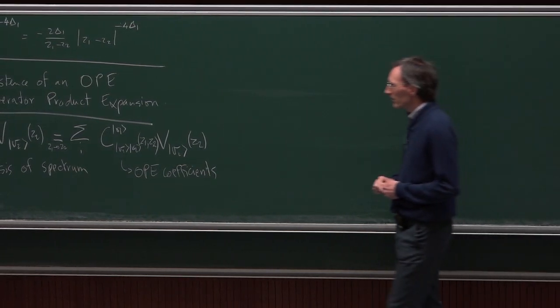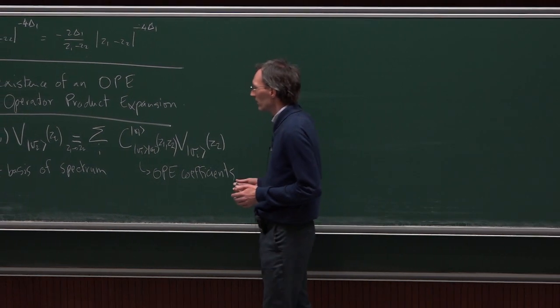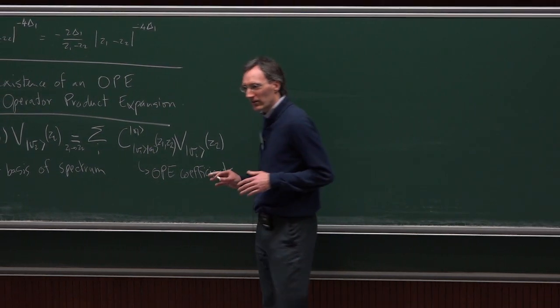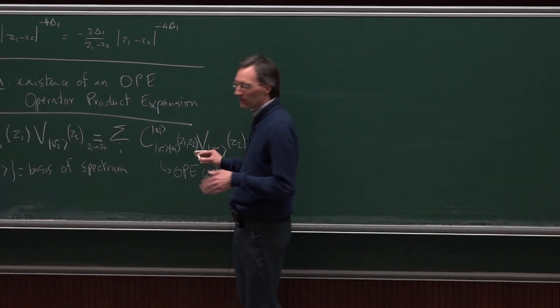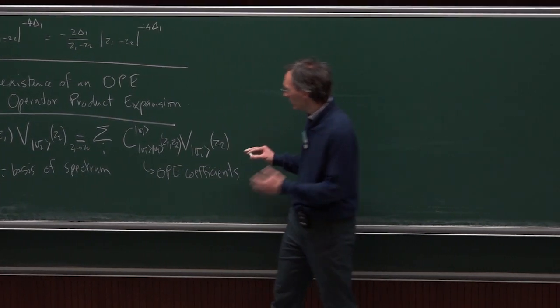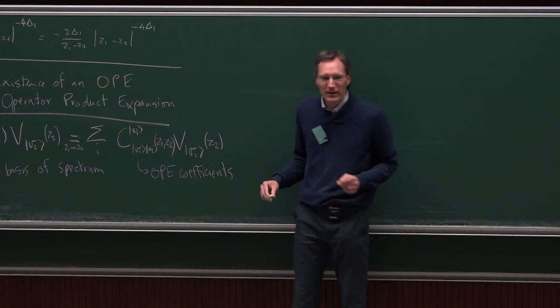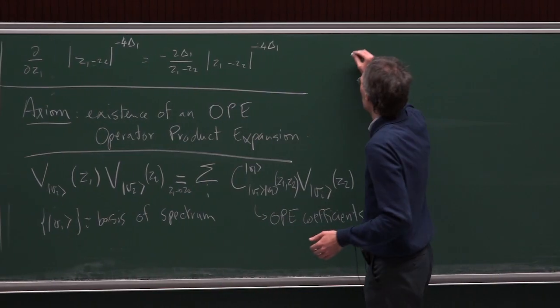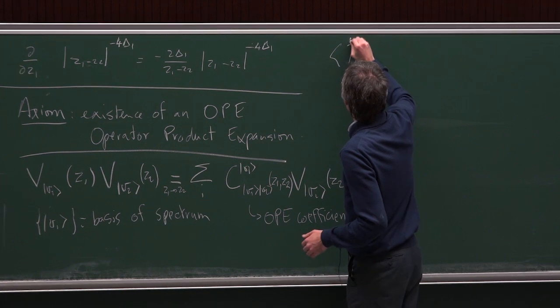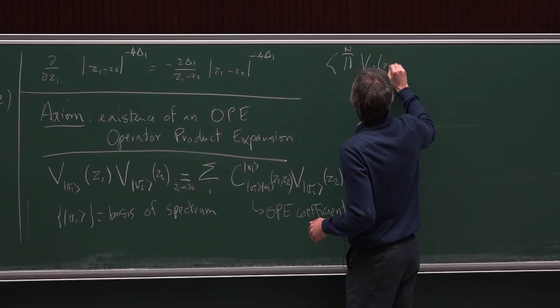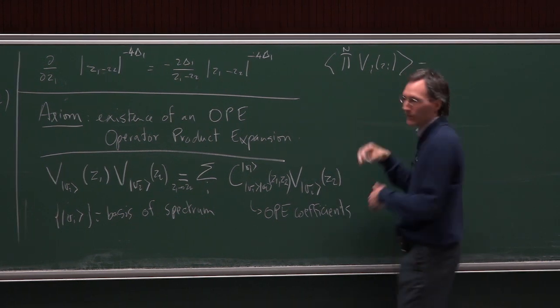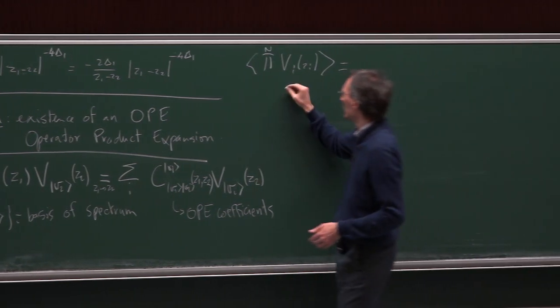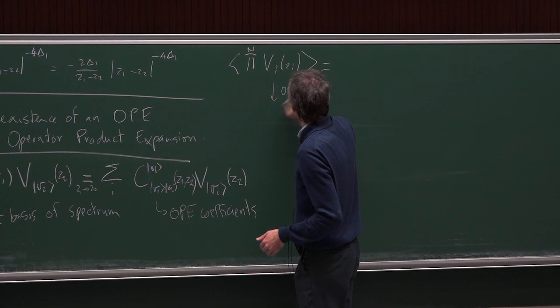Okay, so now let me say why this axiom is very powerful. Let's assume we know the operator product expansion, not just that it exists, but let's assume we even know the coefficients. Then if we have an n-point function to compute, we can just use the operator product expansion for the first two fields and reduce it to an n-1 point function.